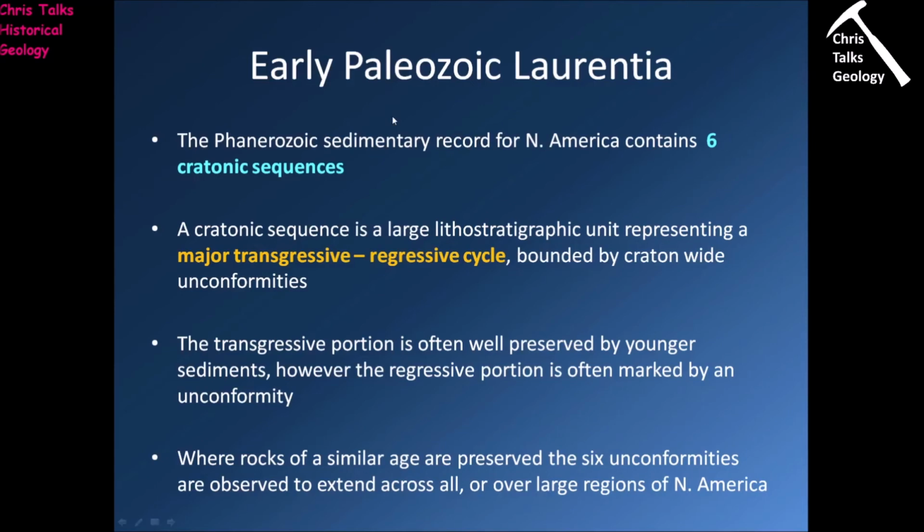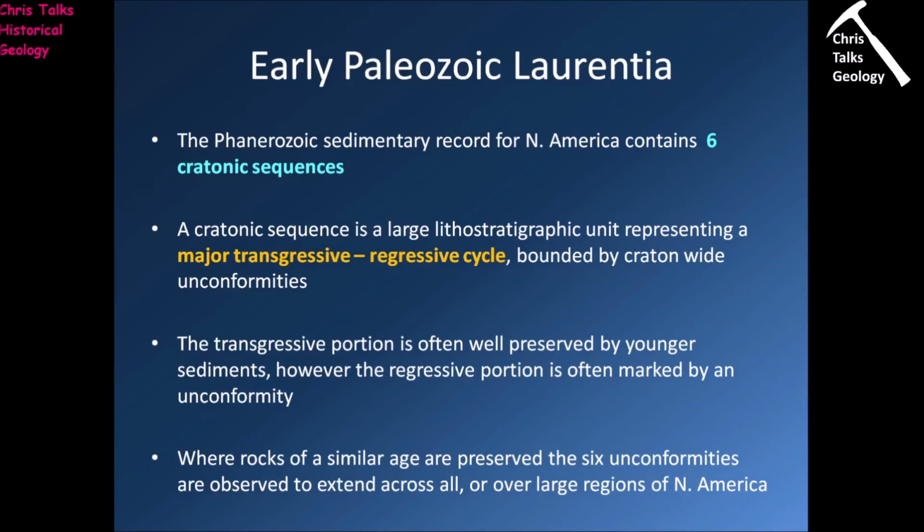So let's think about the early Paleozoic for Laurentia. The Phanerozoic sedimentary record for North America contains 6 cratonic sequences. A cratonic sequence is what's called a large lithostratigraphic unit. So it's a big stack of rocks, and this big stack of rocks represents a major transgressive regressive cycle.